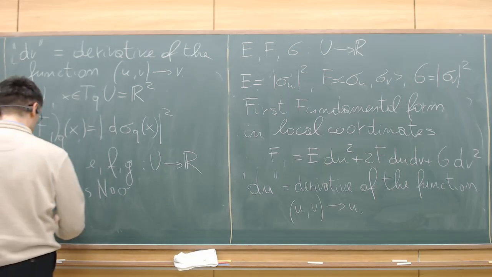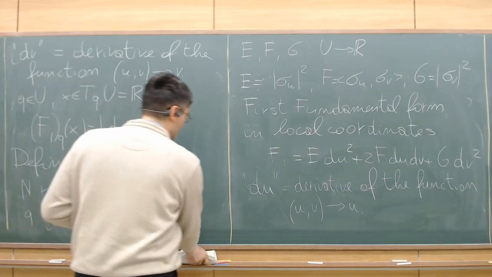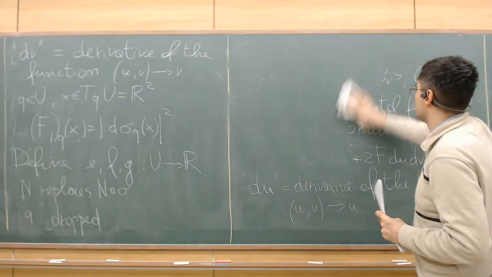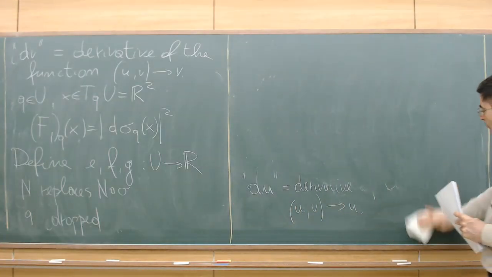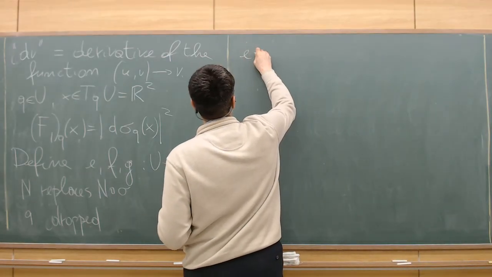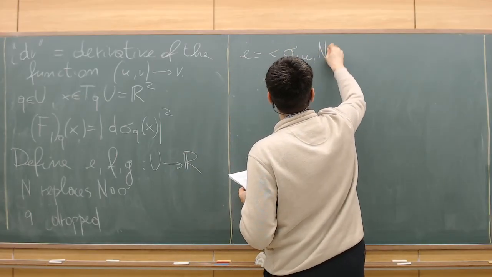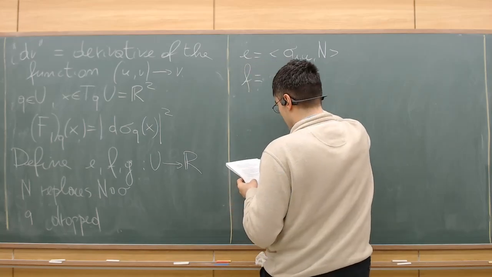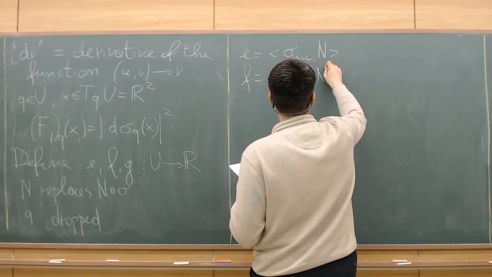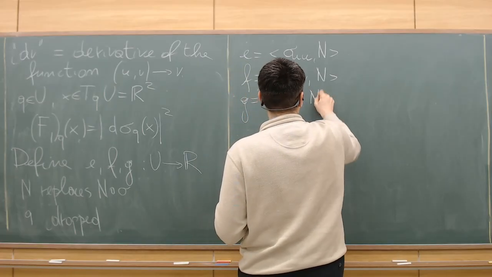So Q dropped. What is the definition of these three new functions? E is given by the inner product of sigma uu with n. F is given by sigma uv multiplied with n, and G is given by sigma vv multiplied with n.